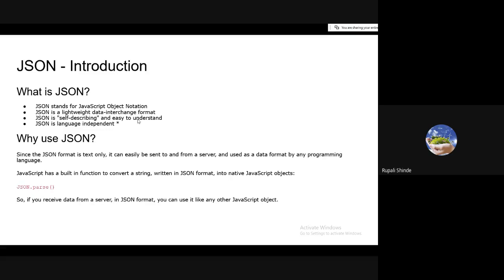JSON is a lightweight data interchange format. JSON is self-describing and easy to understand. JSON is language independent.